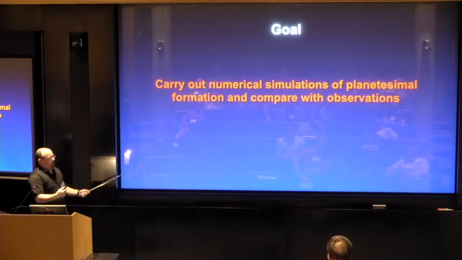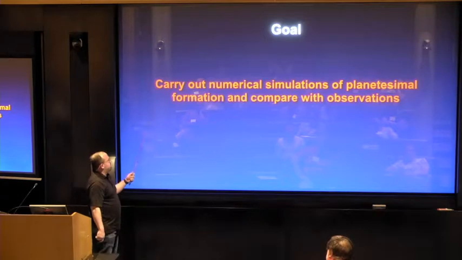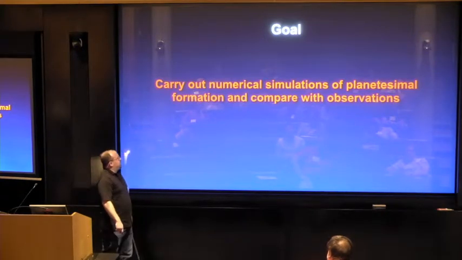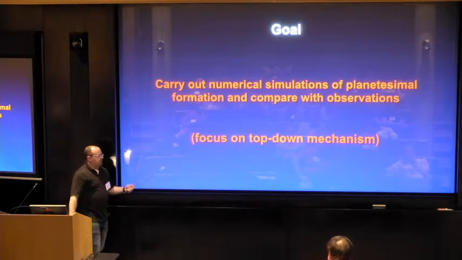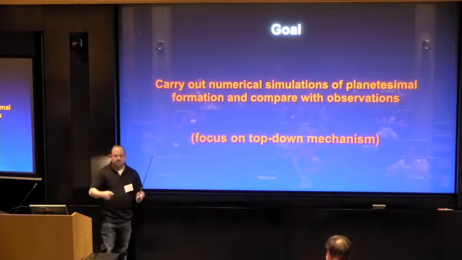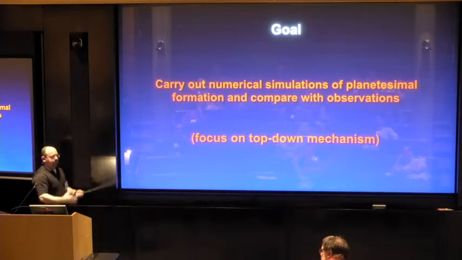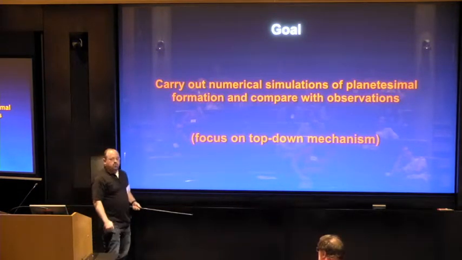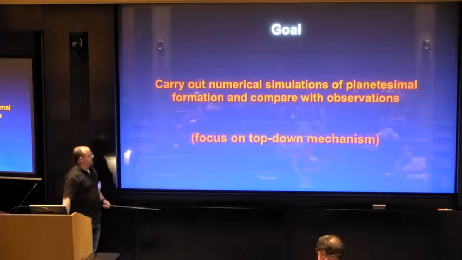So the goal ultimately of this work that I've been doing for some years is to carry out numerical simulations of planetesimal formation and compare with observations. And again, I've been focusing on the top-down mechanism. You can talk to Hilke Schlichting for the other ideas for forming planetesimals and how that compares with observations as well, but I'm not going to get into that.